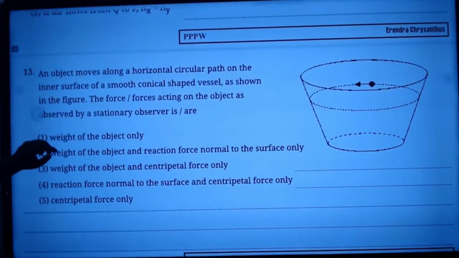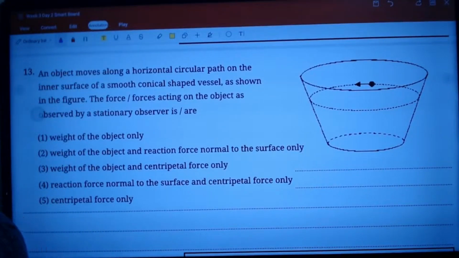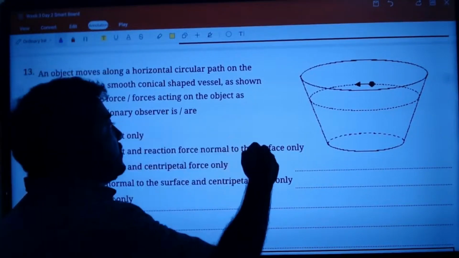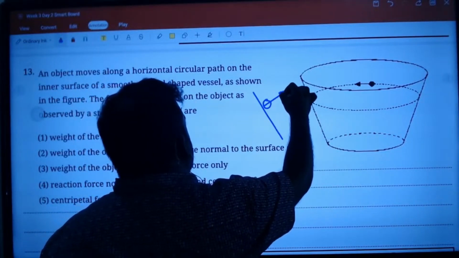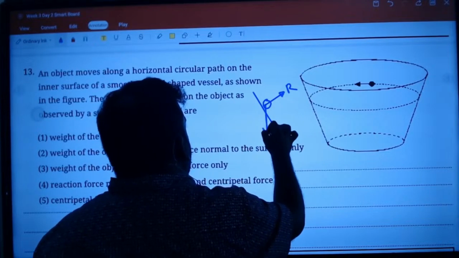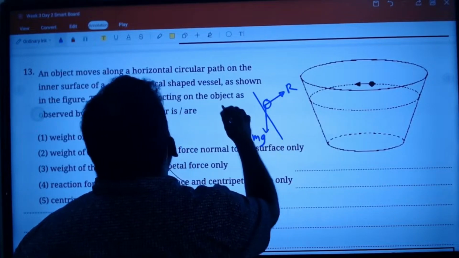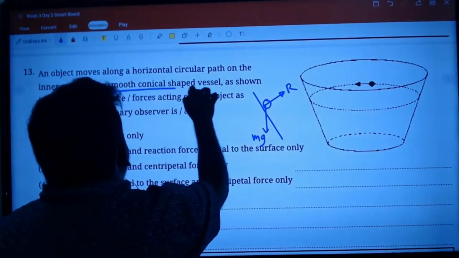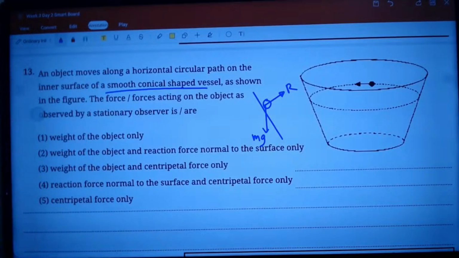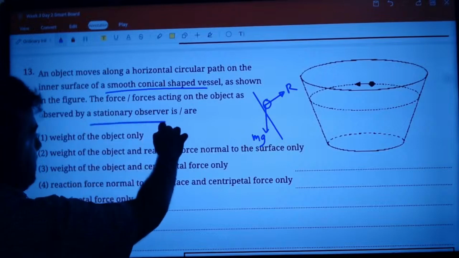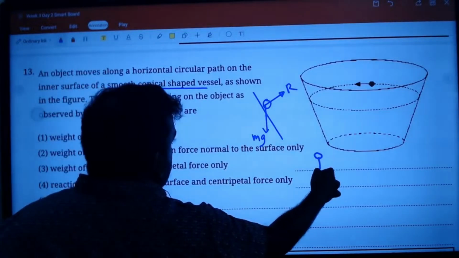Right. Question number 13. An object moves in a circular path. So, this is a cone. Normal reaction is there. Weight is there. That's about it. They are telling you smooth conical shape, no friction also. So what are the forces as observed by a stationary observer? Somebody outside is looking at this.